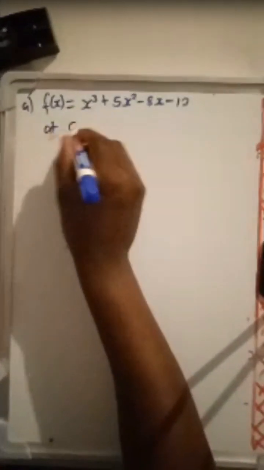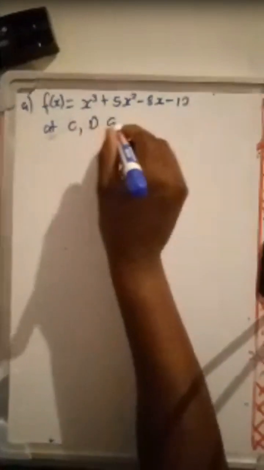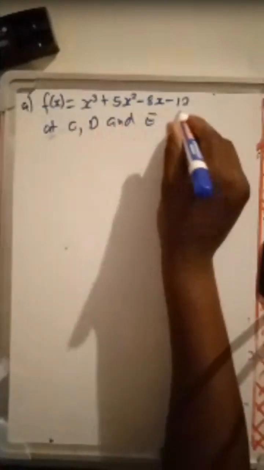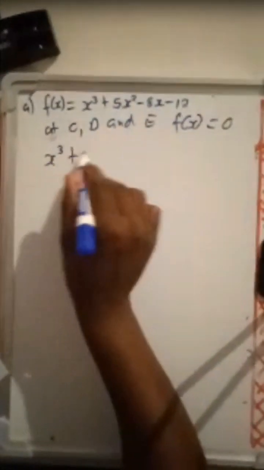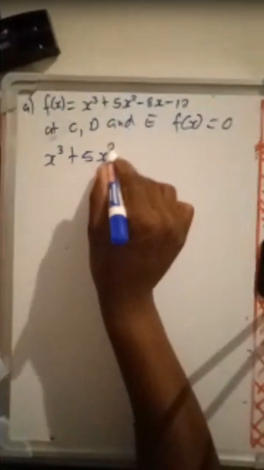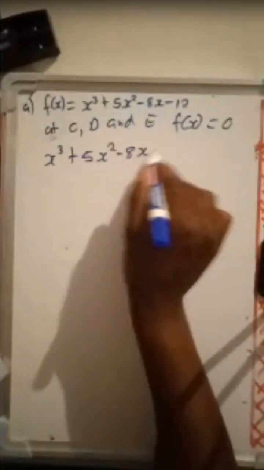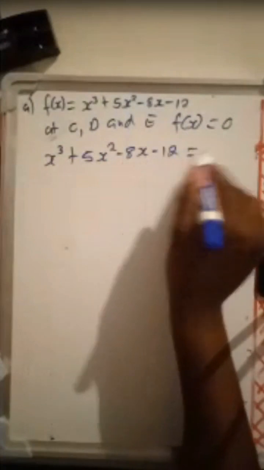At C, D, and E, f of x is equal to 0. So x cubed plus 5x squared minus 8x minus 12 is equal to 0.